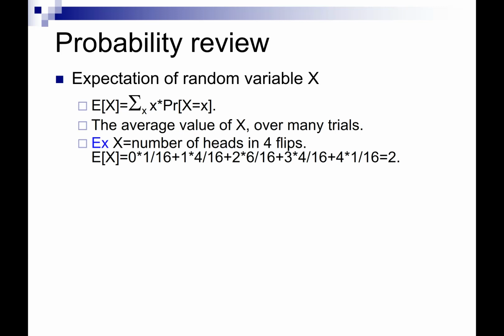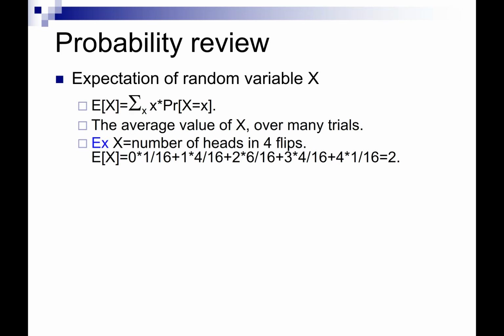Okay, so for example, let's say that this random variable x is the number of heads you get in 4 flips. Well, we know that if the coin is fair, then we expect to get 2 heads out of 4 flips. To compute that, we can actually do the sum.